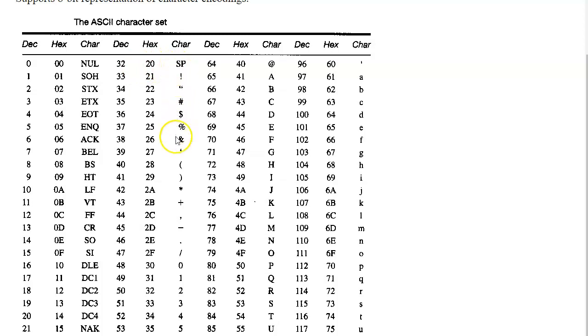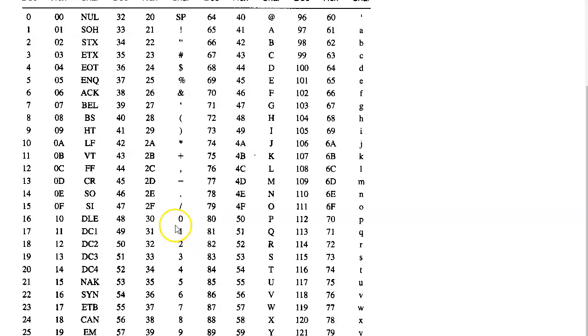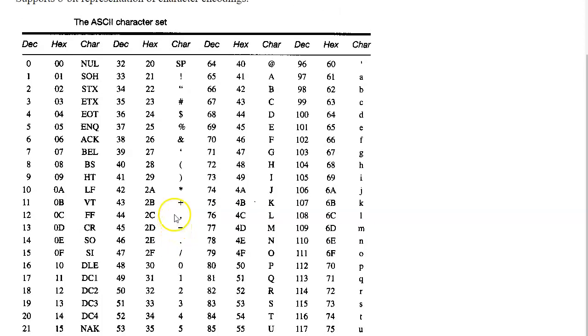Above that we have some punctuation characters, and above them we have digits, and so forth, including all alphabetical characters in this encoding.